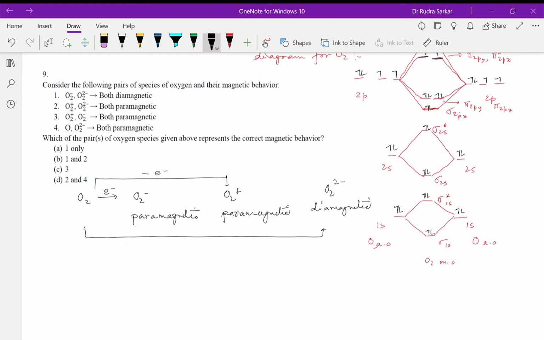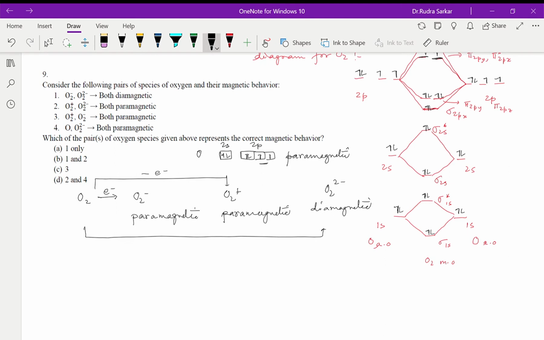Alright, what about a simple O? In the valence shell, this is 2s and this is 2p. It is having two unpaired electrons, so this is also paramagnetic.